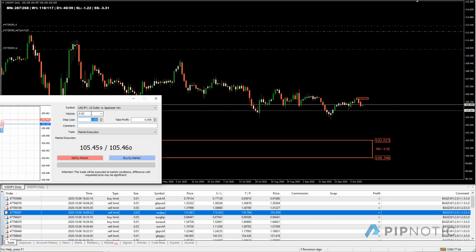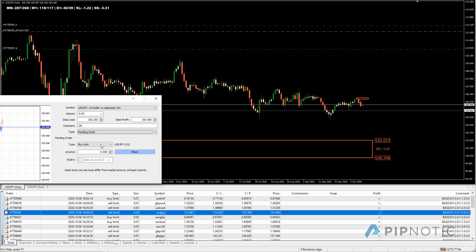These are tiny positions. 3, 5. This is daily demand. Buy limit is 102.015.